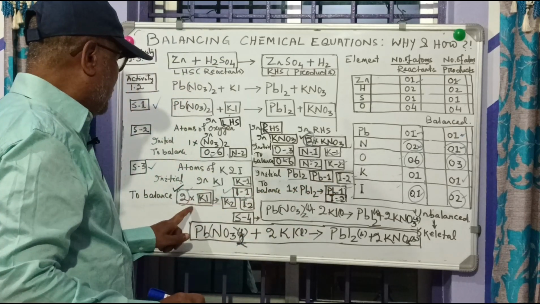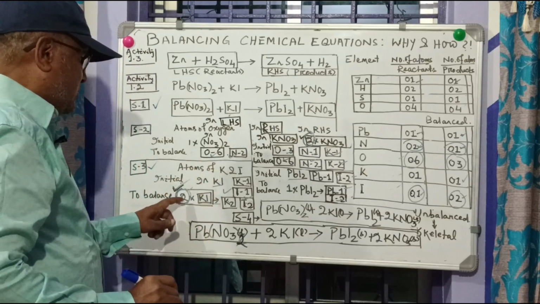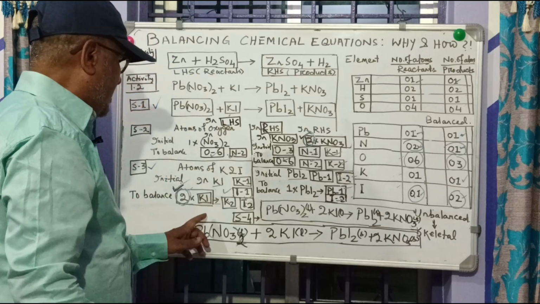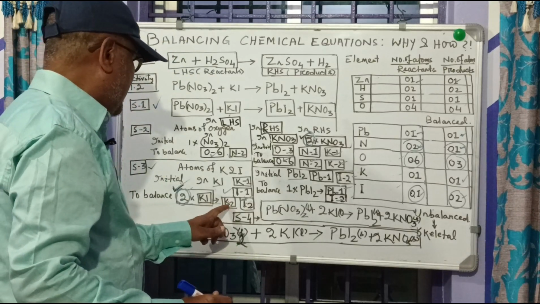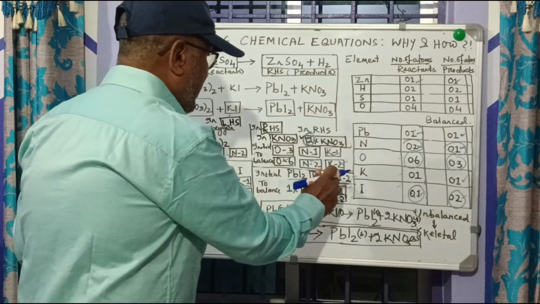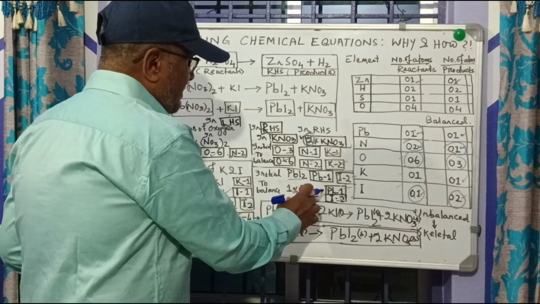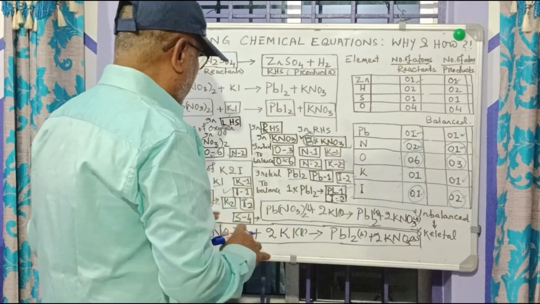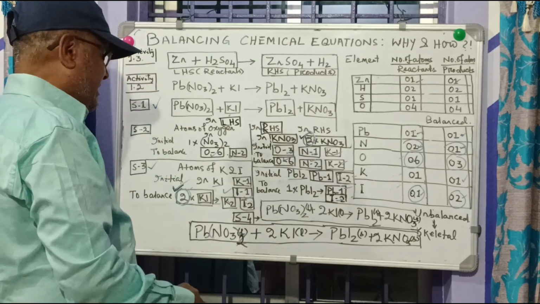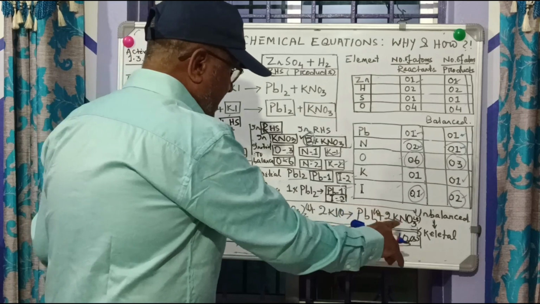So we have to multiply by 2 here. So you see we have multiplied by 2. When we multiply by 2, what result do we get? Potassium 2 atoms and iodine 2 atoms. Here iodine 2 atoms. So here we multiply by 1, no question of multiplying any other number. Now actually we have got a balanced reaction.